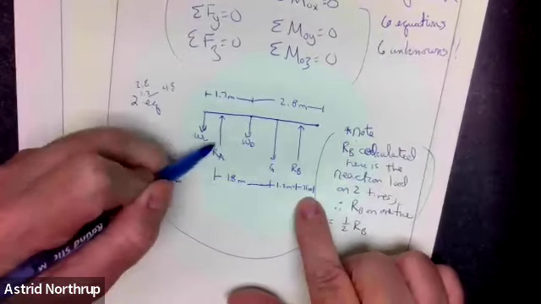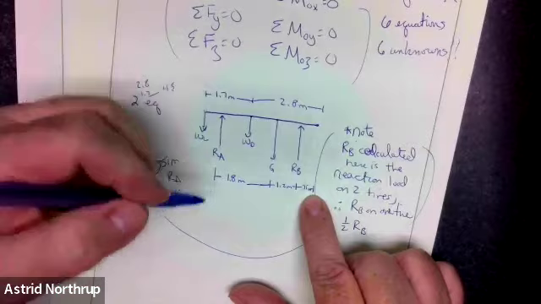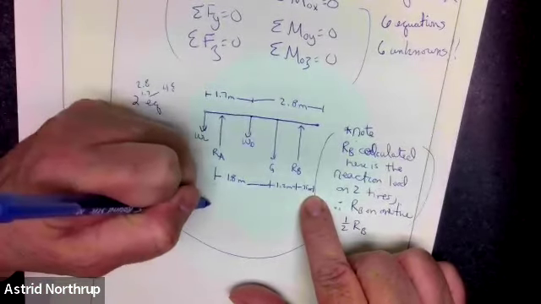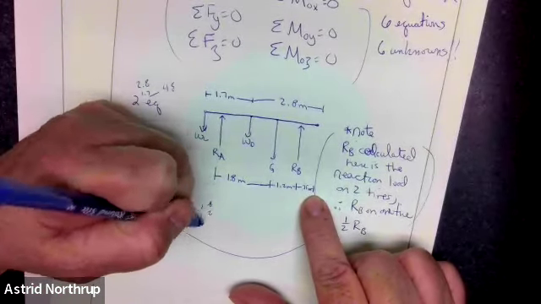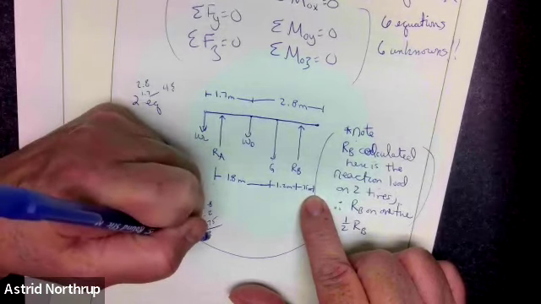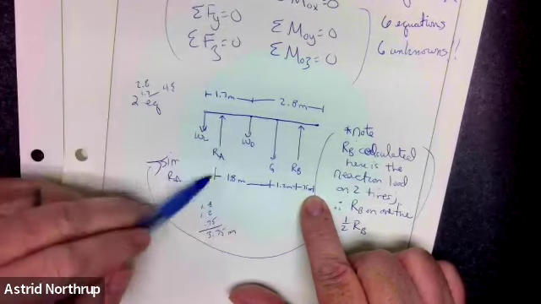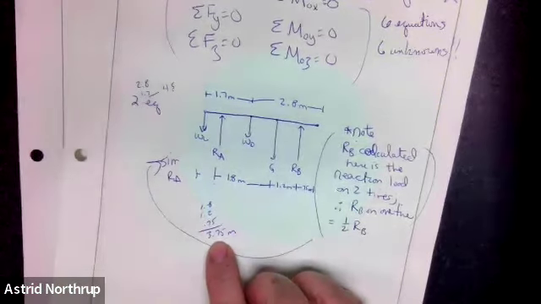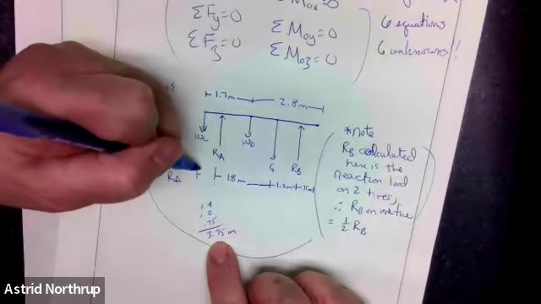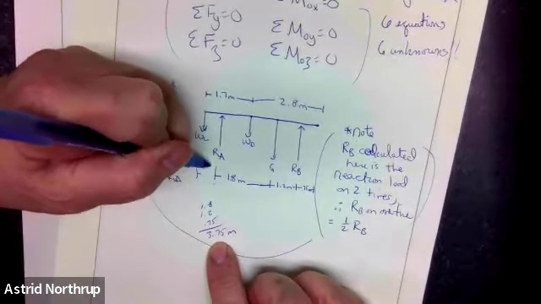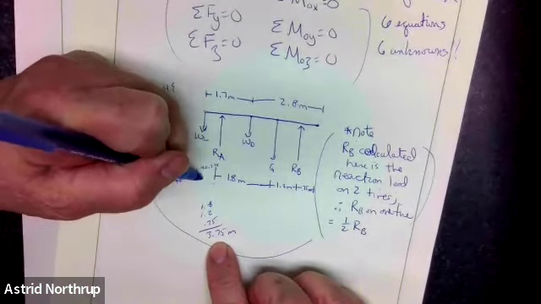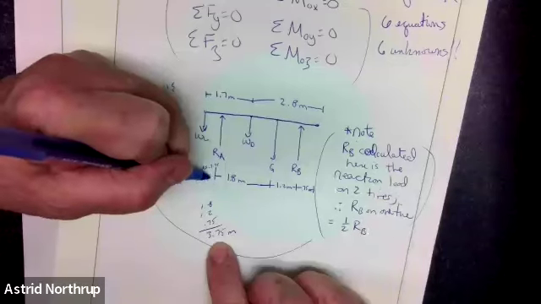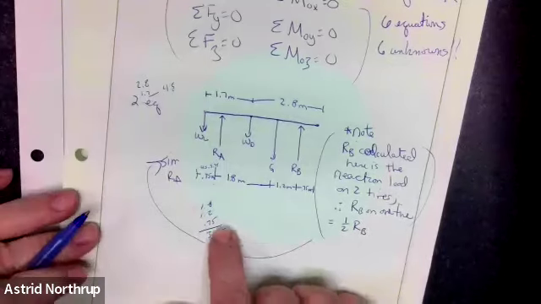And I can see that this dimension from the rear wheel to the front is 1.8 plus 1.2 plus 0.75, which is 3.75 meters, which means that this distance is going to be the difference between these two, or 4.5 minus 3.75, or 0.75 meters.